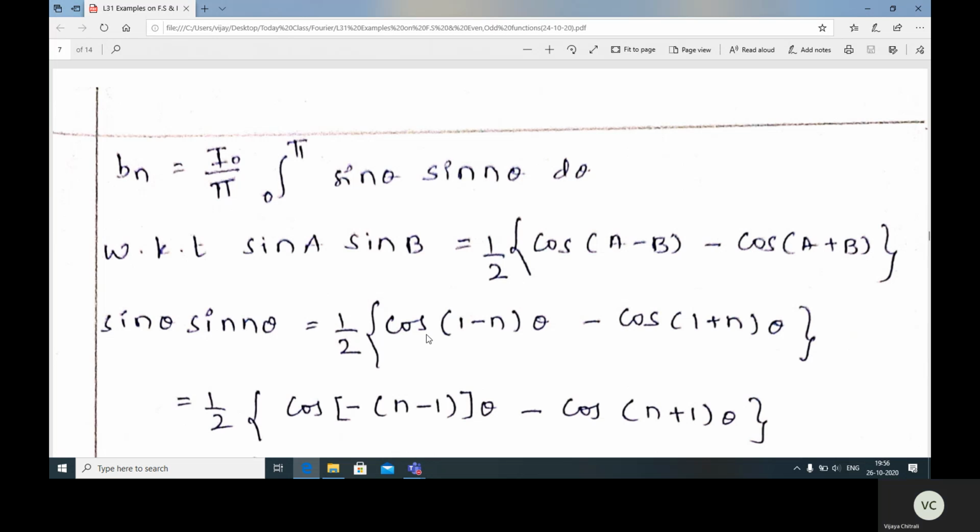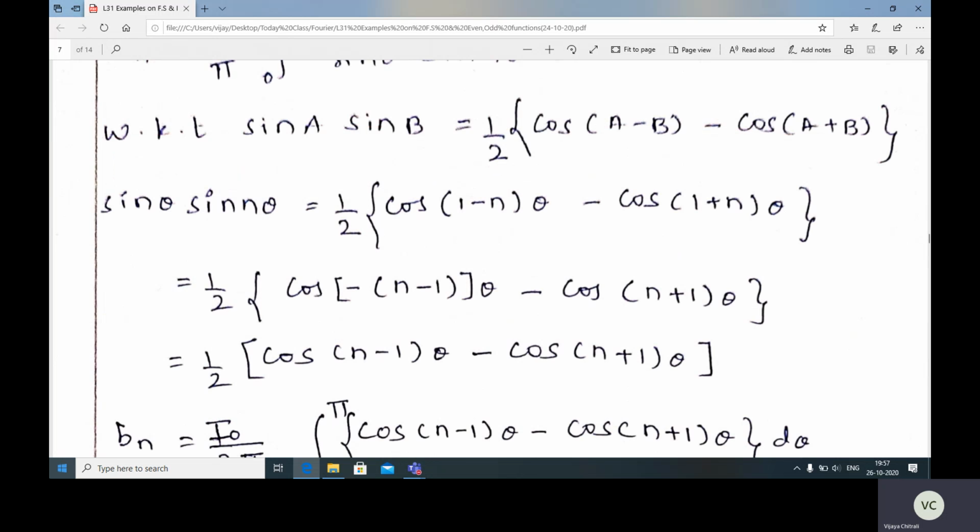So 1 by 2 cos 1 minus n theta minus cos 1 plus n theta. Again I need this as n plus 1 and n minus 1. So for that, 1 by 2, taking minus outside, cos minus n minus 1 theta minus cos n plus 1 theta. Cos of minus theta will be cos theta. So the next step is 1 by 2 cos n minus 1 theta minus cos n plus 1 theta.